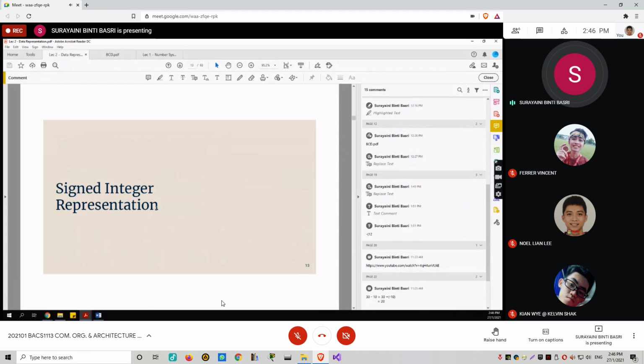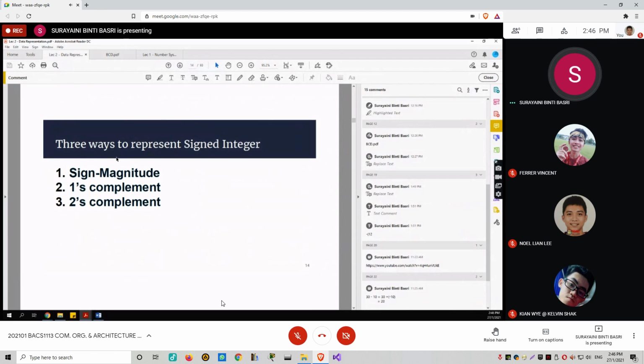It is actually easy, simple, but a little bit tedious. There are small steps that we need to follow. So the first method is sign magnitude, the second is 1's complement, and the third method is 2's complement.